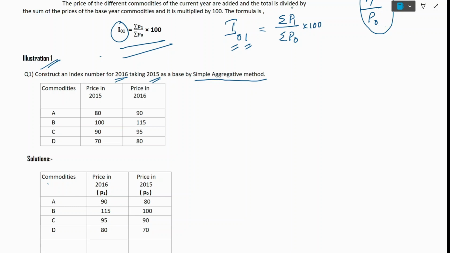The formula is this one. Now, just go through it. What is given in the question? Commodity. Price in 2015. Here it is mentioned which year is the base year. Normally they never mention it, but we can consider that this is the base year. Therefore, P0 is this column, and price in 2016, that means the current year, is P1. Three columns are given. Now, how do you solve this question? By using the formula.